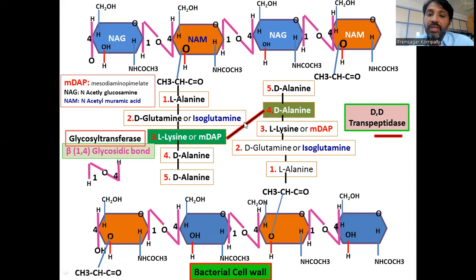The cross-linking is very, very important for strengthening the cell wall. The glycosyl transferases and the transpeptidase both belong to the penicillin binding proteins.